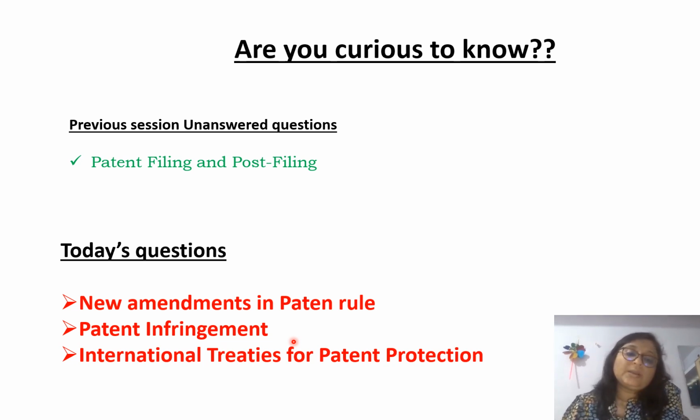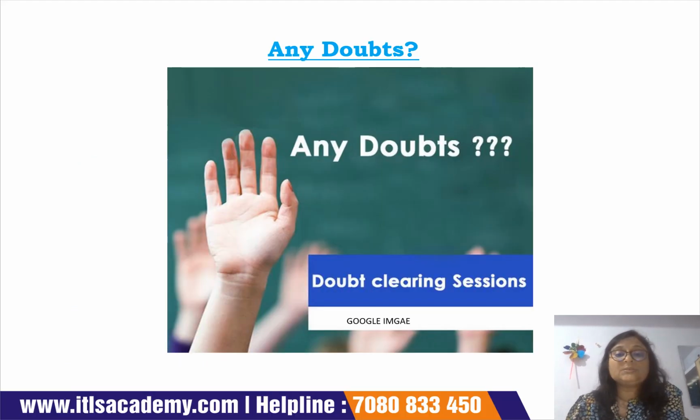And then we will see the international treaties of patent protection, as we can file our patent application internationally, so there are some international treaties for that. So if you are curious to know all these things, and about the new rules about infringement, then please keep tuned with us.